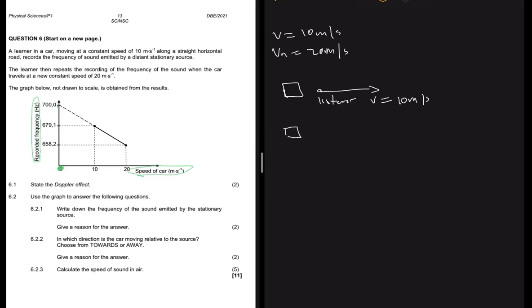And in the second scenario, the sound source is still stationary, but the listener is now moving away at a speed of 20 meters per second. The first question says state the Doppler effect. This is the apparent change in observed frequency as a result of the relative motion between a sound source and an observer.